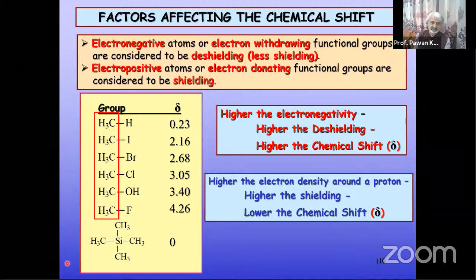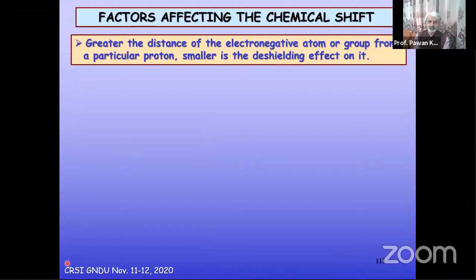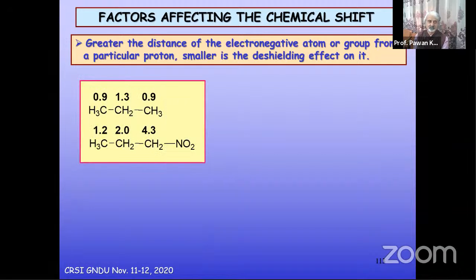And this electronegativity, we know that it dies down with distance. So greater the distance of an electronegative atom or group from a particular proton, smaller is the de-shielding effect on it. For example, if you look at propane and nitropropane, nitro is strongly electron withdrawing. That means it is withdrawing the electrons towards itself.